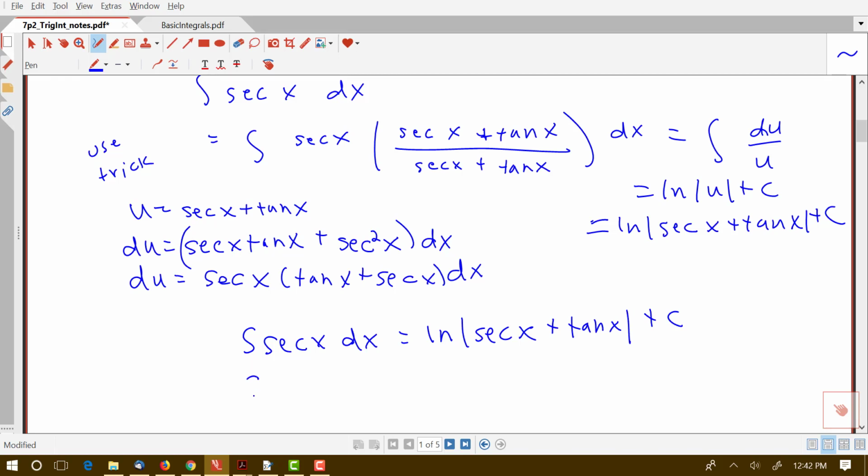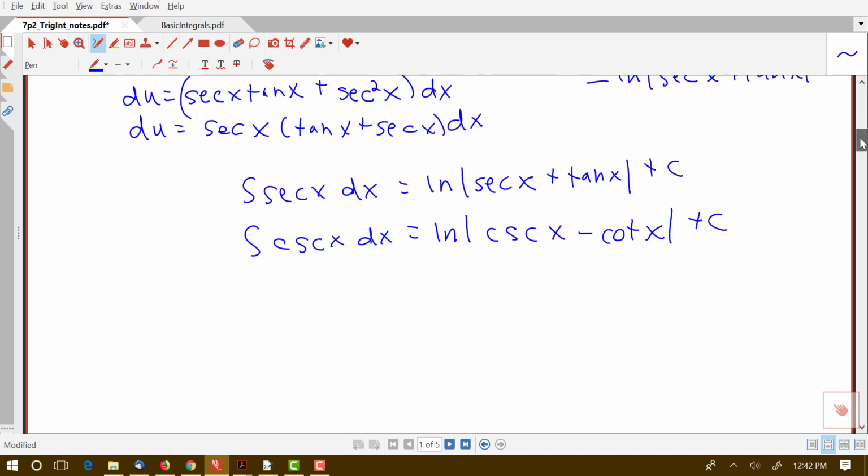Okay, and with a similar kind of trick, we can find that the integral of cosecant x is log cosecant x minus cotangent x plus c. You may also see the rule for the integral of cosecant x written as negative log of cosecant x plus cotangent x plus c.